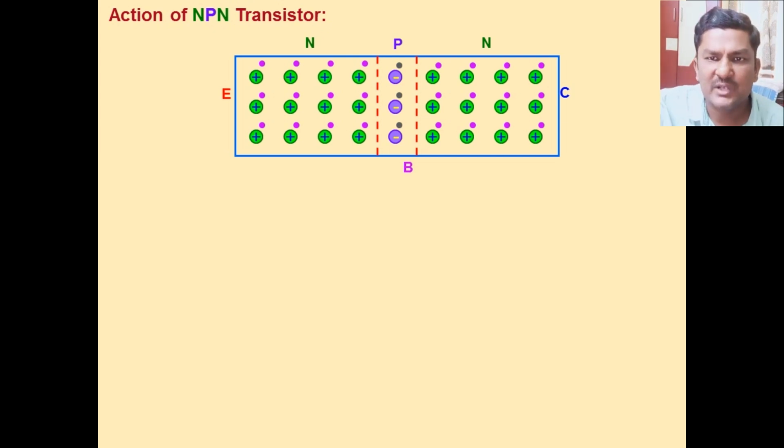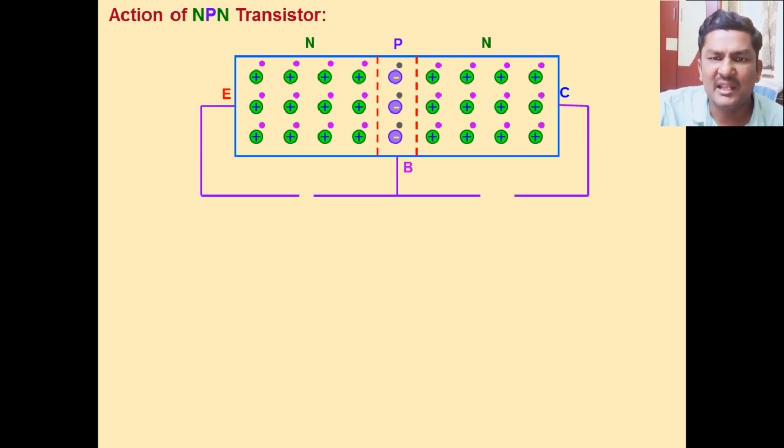We have two types of transistors, NPN transistor and PNP transistor, and a transistor has three terminals named emitter, base and collector. Emitter is heavily doped, base is lightly doped, and collector is moderately doped.